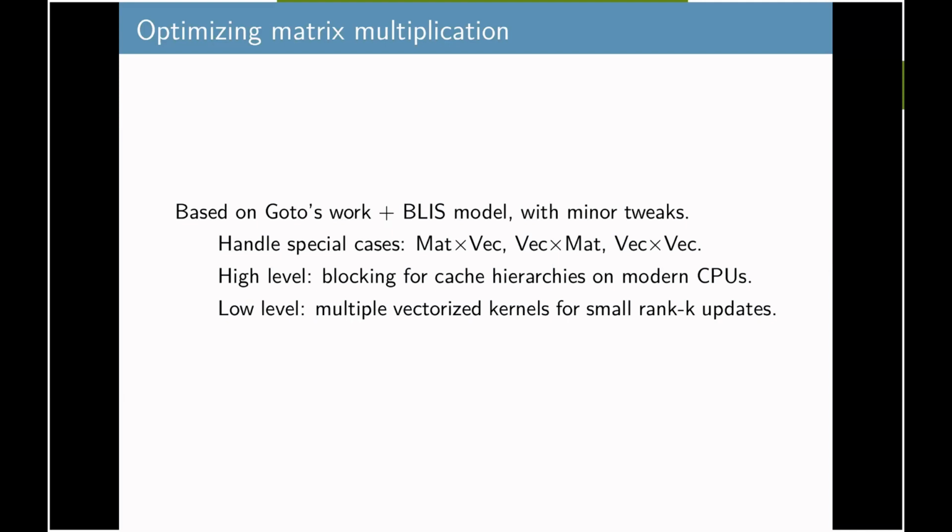And at the low level, you want to multiply these blocks with each other. And for that, we use multiple vectorized kernels for small rank updates. So these are basically a lot of small matrix multiplications that are performed sequentially, or if you enable multi-threading, are parallelized with Rayon.